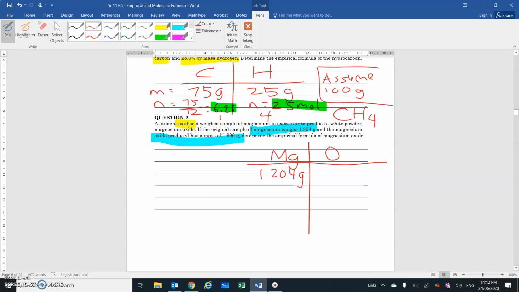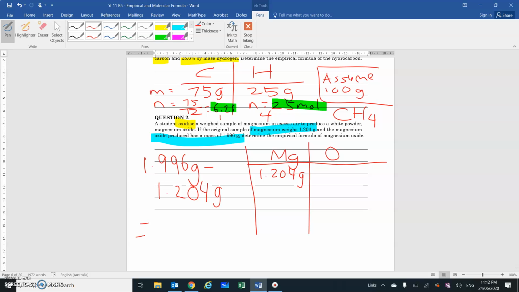But we don't know how much oxygen we have. How do we work that out? Well, the magnesium oxide produced has a mass of 1.996 grams. The mass of magnesium is 1.204 grams. So the rest must be the oxygen. That will tell us the mass of oxygen we have.